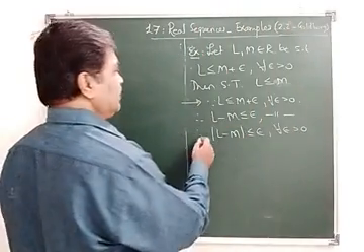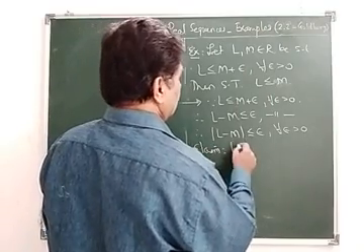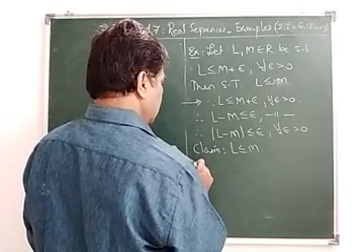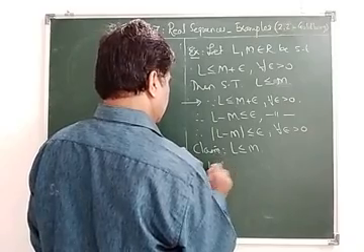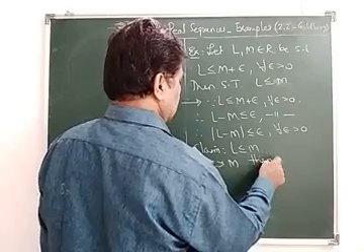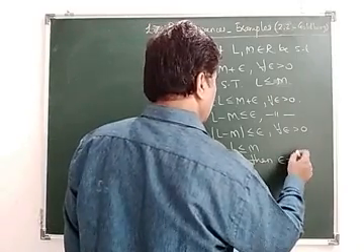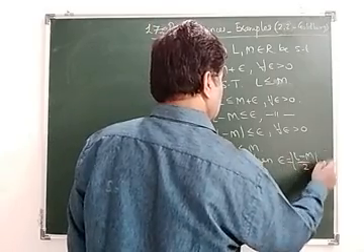Now what is our claim? L is less than or equal to M. If L is greater than M, then take epsilon equal to mod of L minus M by 2, which is greater than 0.